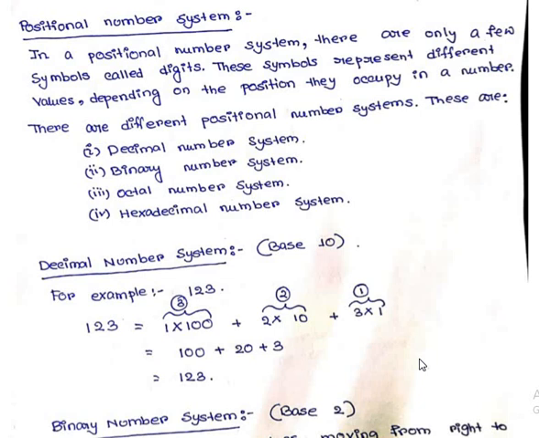To represent our decimal numbers we use 0 to 9. So how many numbers are there? 0, 1, 2, 3, 4, 5, 6, 7, 8, 9. That means a total of 10 numbers are there. That is why the base of the decimal number system is 10.